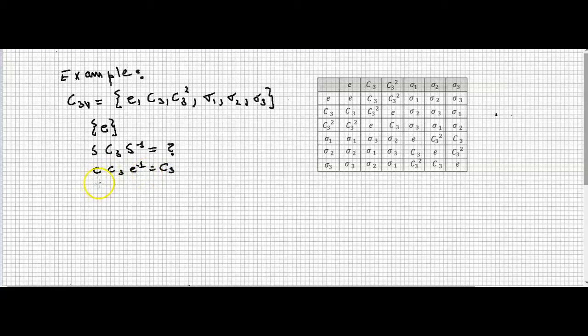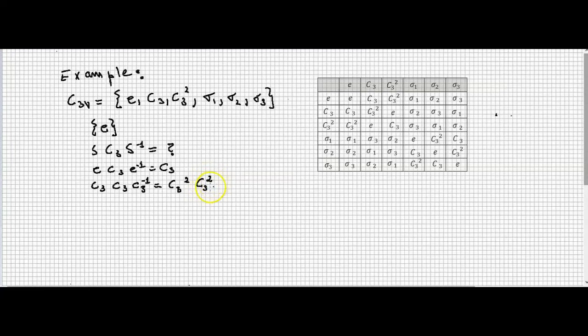Now if I take the element C3, C3 minus 1, so C3 and C3, so this is C3 square. C3 minus 1 is C3 square. Okay, why?